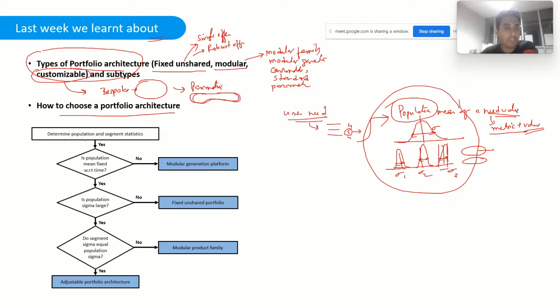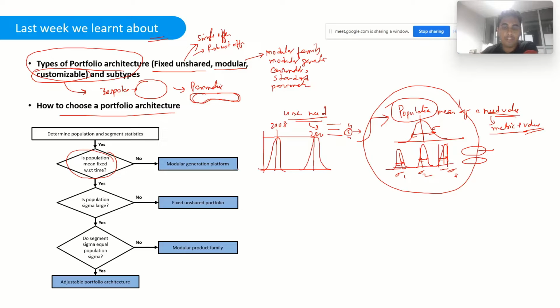For example, if a population mean is fixed with respect to time, that means a particular need value does not change over time. So this is like 2008, and in 2020 also the need remains the same.